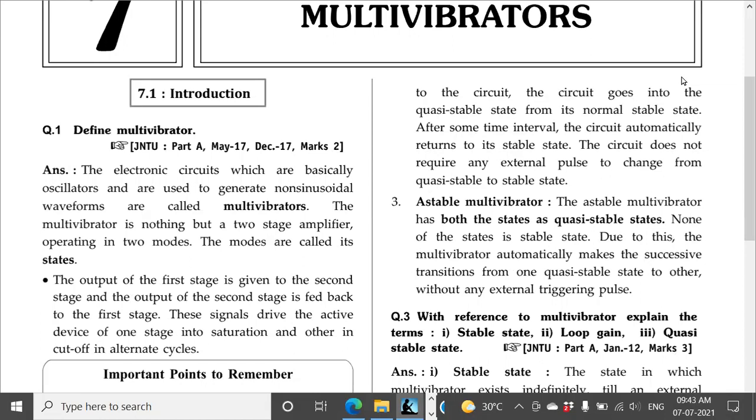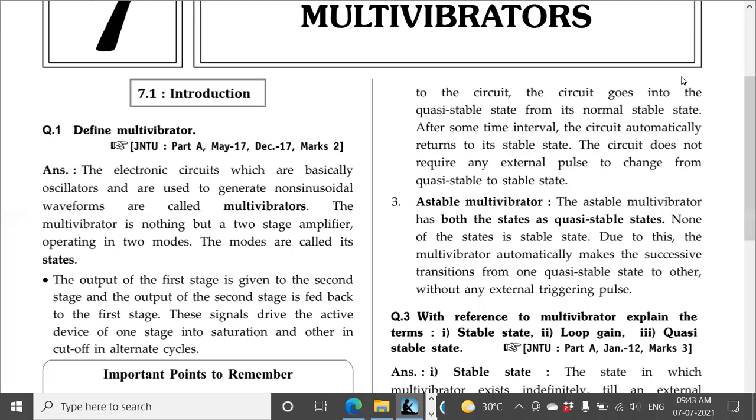Now 0 stable states means both the low and high are quasi stable states. Quasi means it will not remain there for long. It will stay there for some time and then switch. So low is not a stable state, nor is high a stable state.